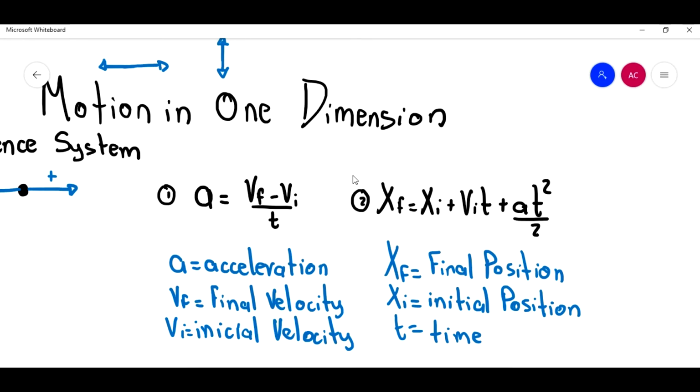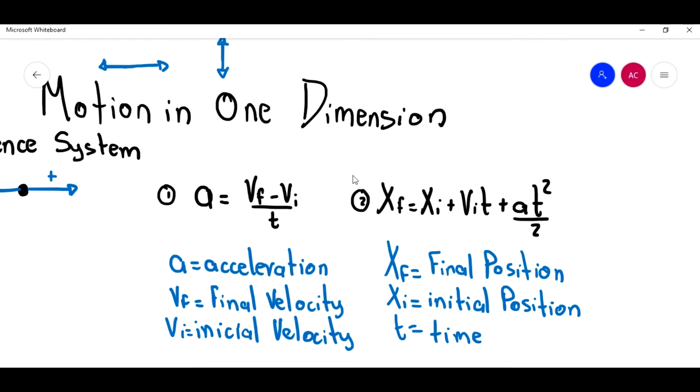So in each problem, I'm going to write these two equations. I'm going to use them always. But when I substitute the values, I'm going to cancel letters and then I'm going to get a new equation. So I hope I made myself clear that I'm going to use only these two equations.